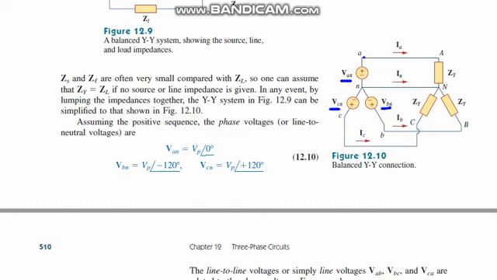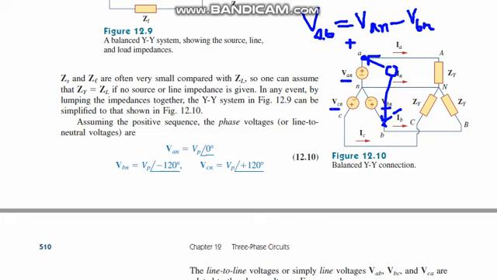If we take voltage from A to B, if you add a voltmeter here and measure the voltage from this point to that point, that will be VAB, from point A to point B. As you know from the notation, VAB means VAN minus VBN.